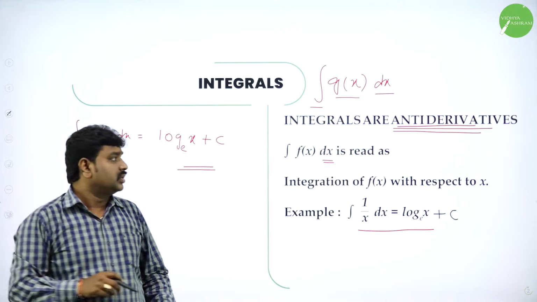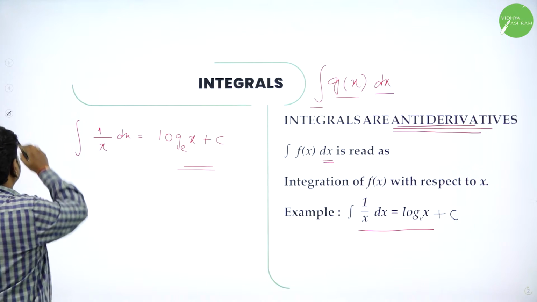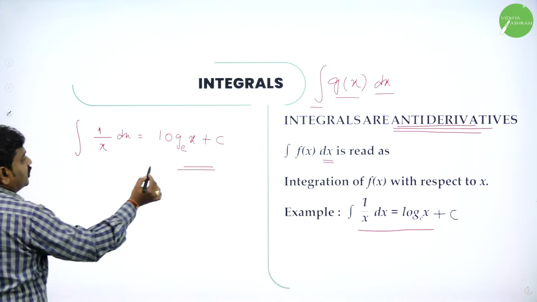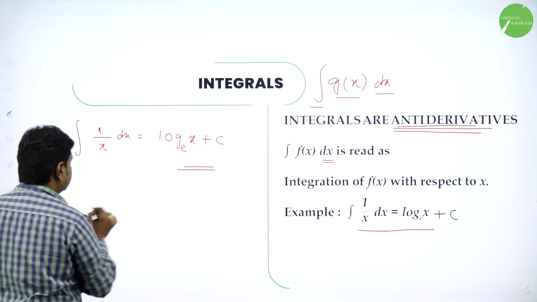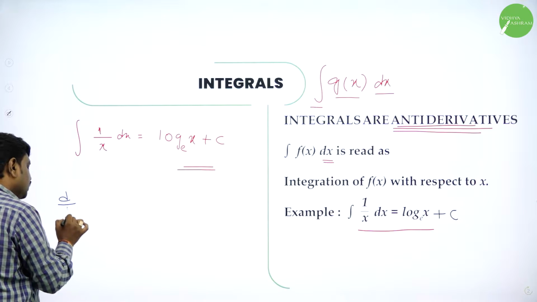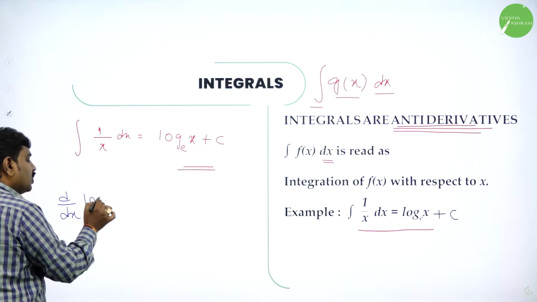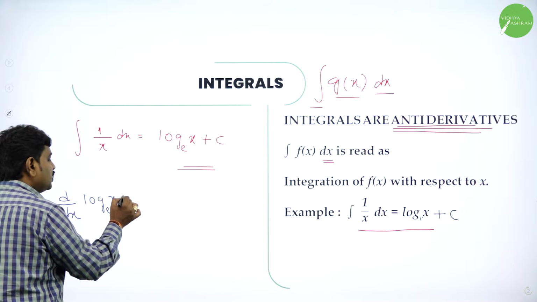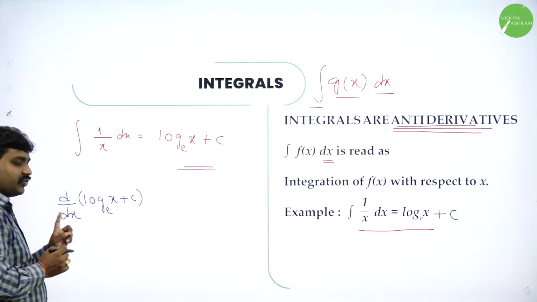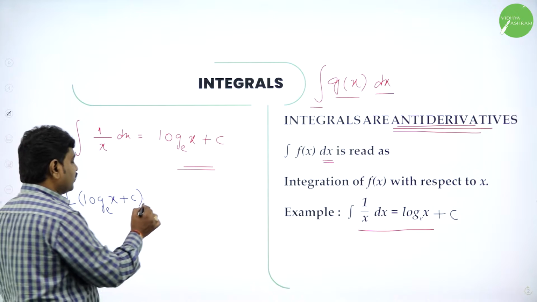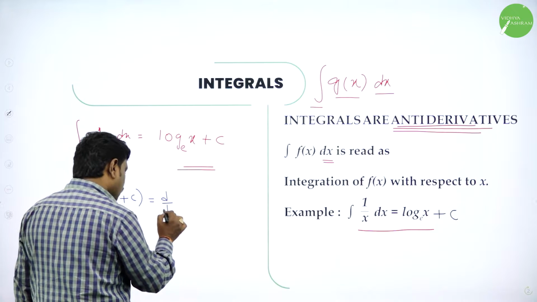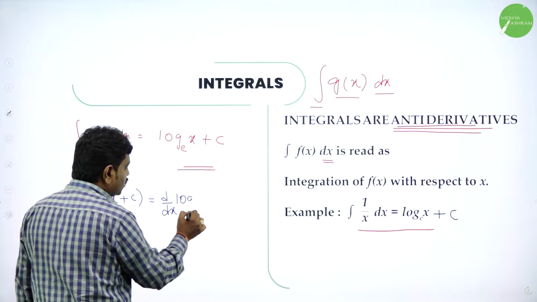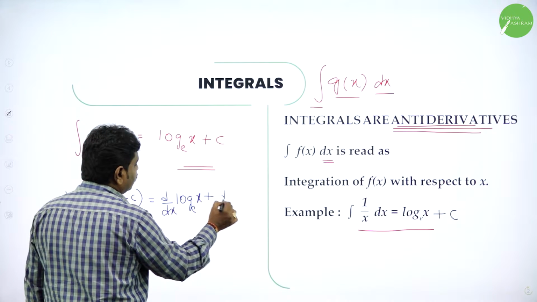So now meaning is simple. When you differentiate the answer, you will get the question. So let us take reverse. I will take the answer. What is the answer? Log x plus c. So all of you find differentiation, d by dx of log x plus c. All of you know derivatives. Differentiate log x plus differentiate c. So d by dx of log x plus d by dx of c.